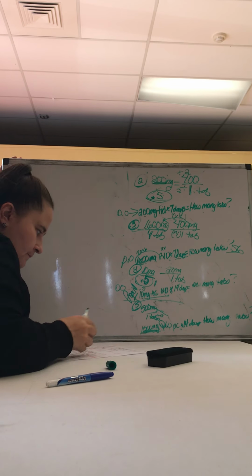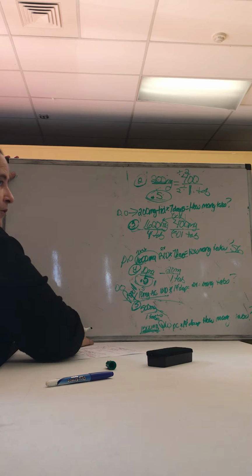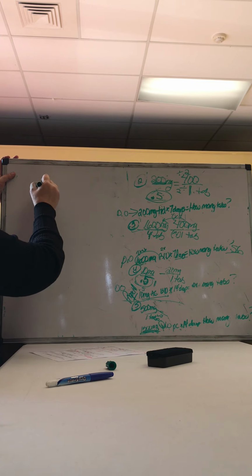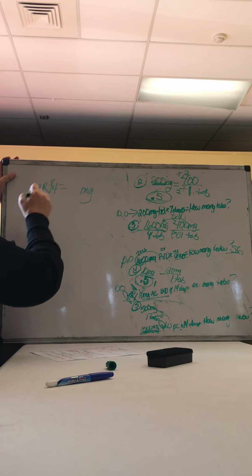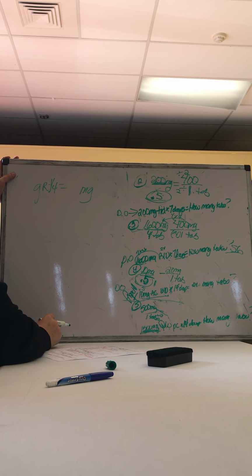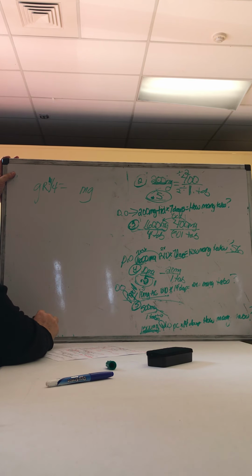Next problem. The doctor orders codeine 1/4 gram. How many milligrams are in 1/4 gram? 15.